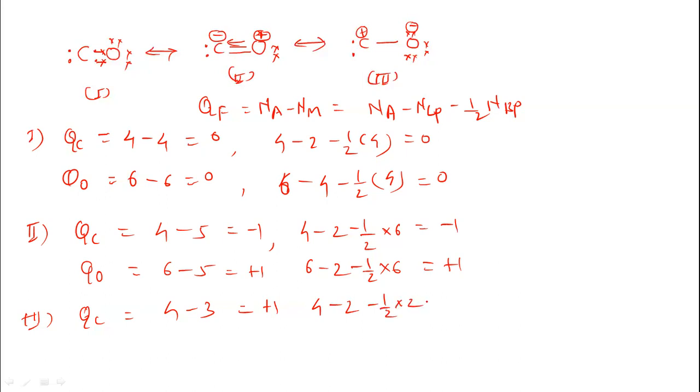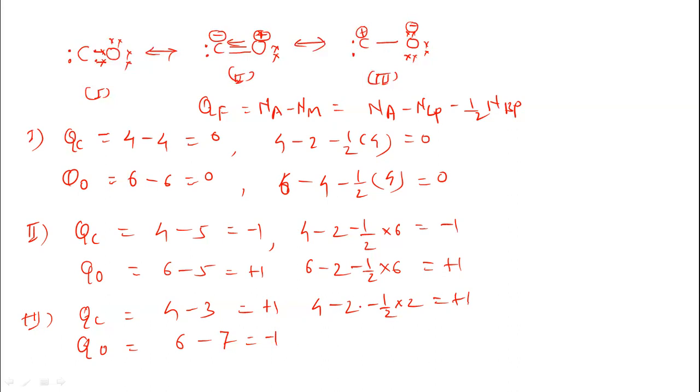So it is equal to plus 1. Either by this way or by this way you can calculate the formal charge. Then for the oxygen atom, valence electrons 6, minus number of electrons in the molecule, 2 plus 2 plus 2, 6, and this 1, 7. So formal charge on the oxygen is minus 1 here. You can see minus 1 charge is there.